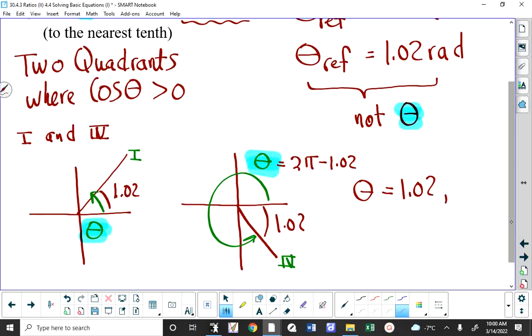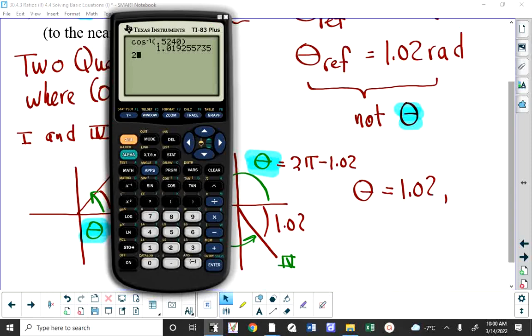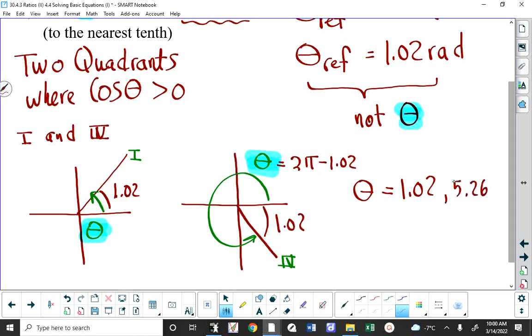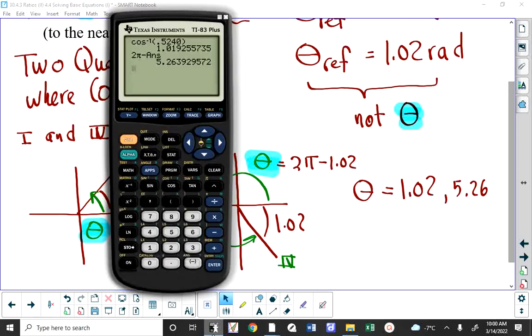So we can figure out what that is on the calculator. 2 pi minus the reference angle gives us about 5.26 rads. So these are both radians. These are the only two answers or rotation angles between 0 and 2 pi that if you took the cosine of them, you would get 0.524. To illustrate that, if I take the cosine of this, I get 0.524.